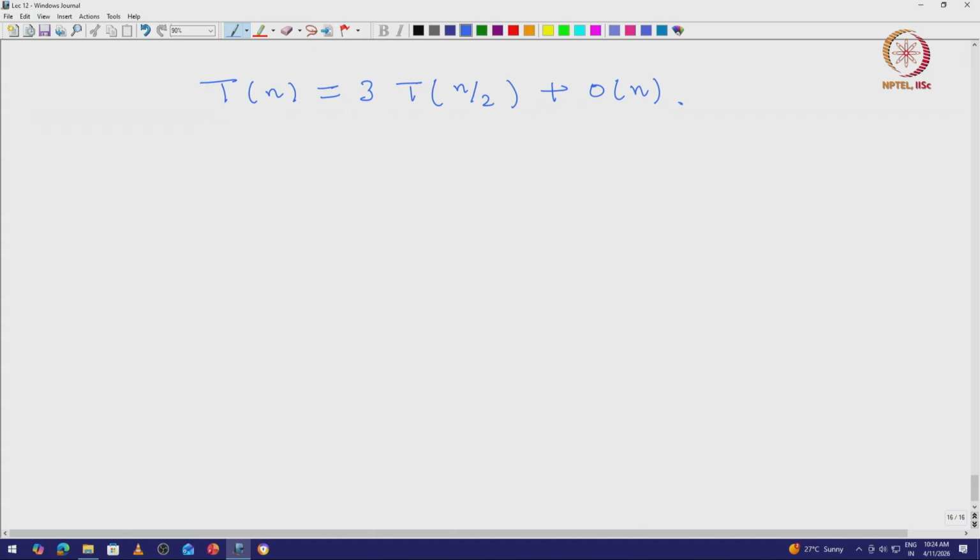T of n is given by this, and the solution for this is n power log 3 to the base 2, which is nothing but order n power 1.56 kind of a number. So this is significantly faster than O n square.